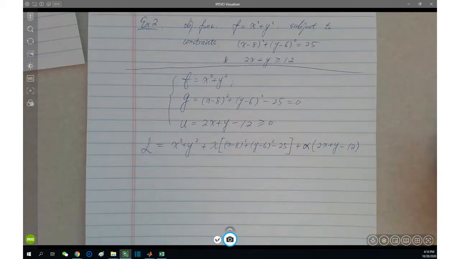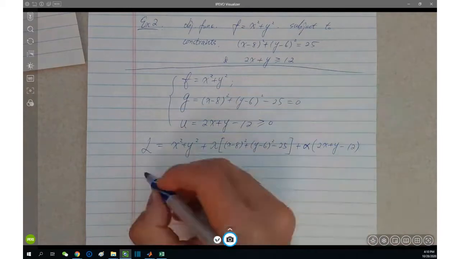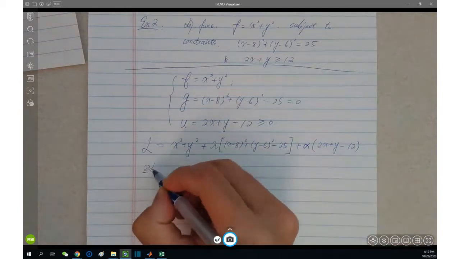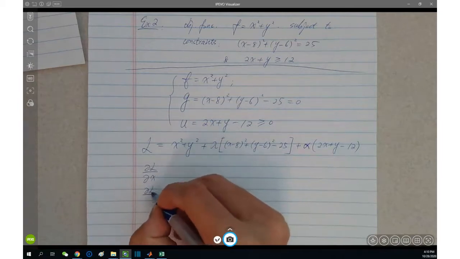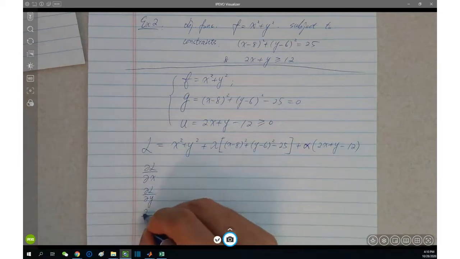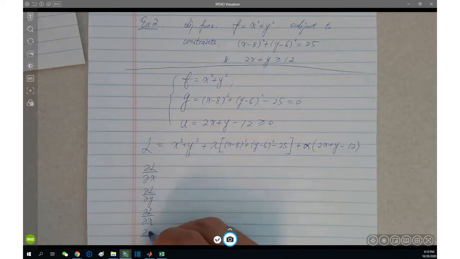So what's next? Anyone remember what we should do next? Partial derivative. Very good, that's right. Okay, start to find the partial derivatives. So we at least need the partial derivative with respect to x, with respect to y, with respect to lambda, and with respect to alpha.